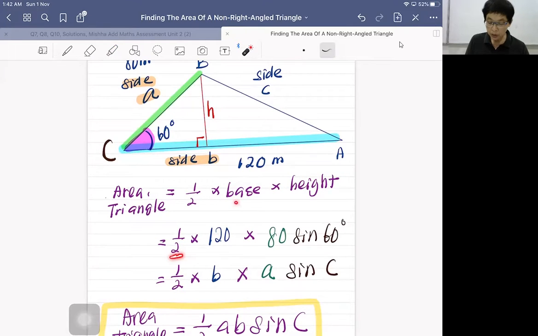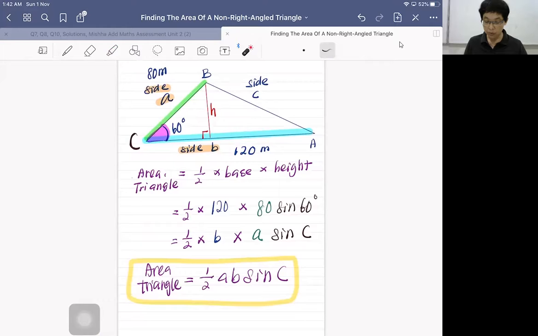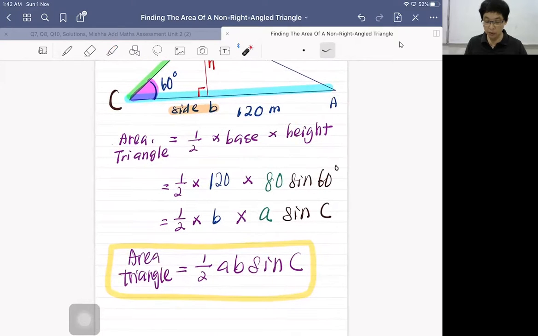Half the base: the base is actually called side B. The 80 in the formula we can call side A. And the angle 60 is actually angle C. Now, in summarized format, here we go. The area of a triangle is now defined as half times A times B times sine C.